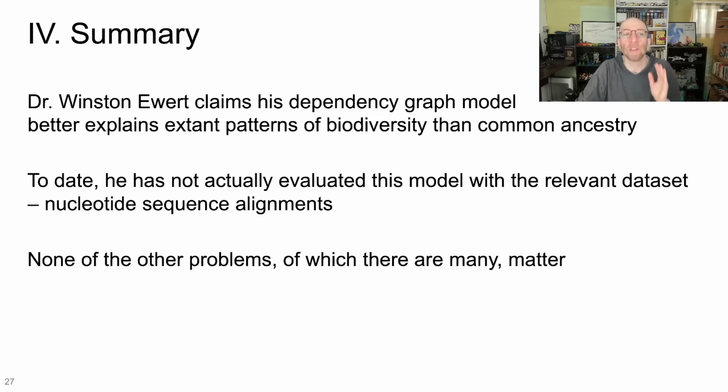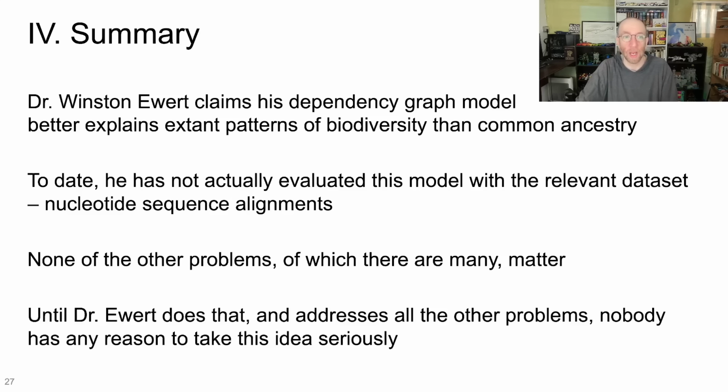But the big one is that he needs to test his model using the right data set. Use nucleotide sequence alignments. Until he does that and addresses that other stuff, nobody has any reason to take this idea seriously as an alternative to common ancestry as an explanation for extant biodiversity.